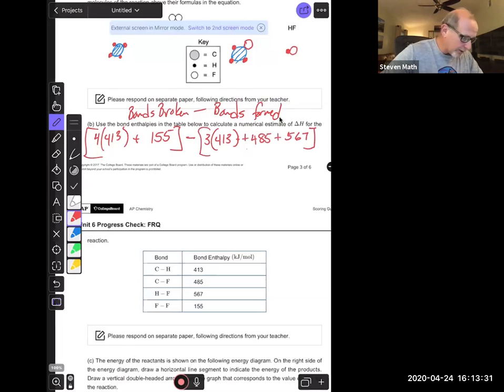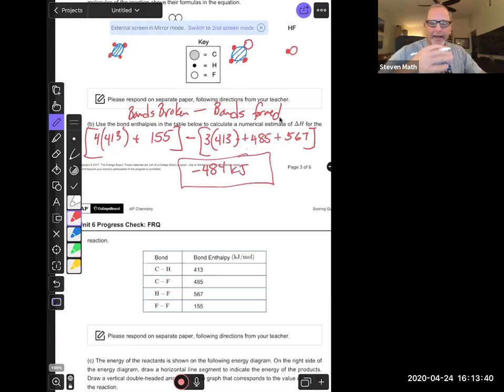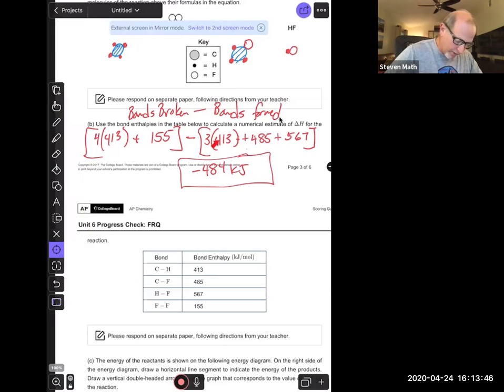And if we crunch the numbers, you're going to get negative 484 kilojoules. If you wanted to, you could cancel out these bonds that are coming on here. I've got 4 C-H bonds broken and 3 C-H bonds formed.